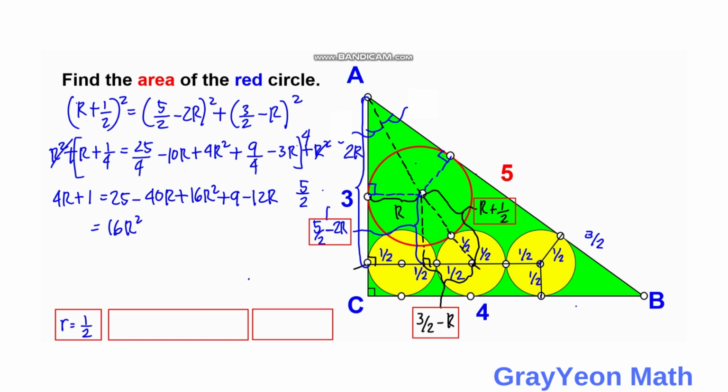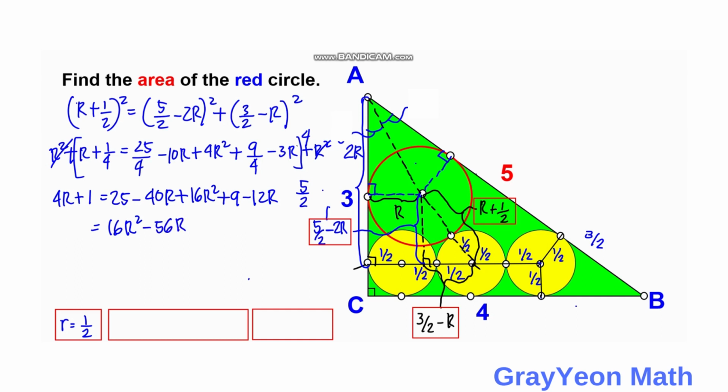Then we have to combine negative 40 and negative 12, so negative 52, and minus 4 from the left, so negative 56r.